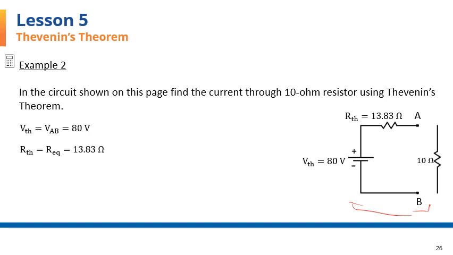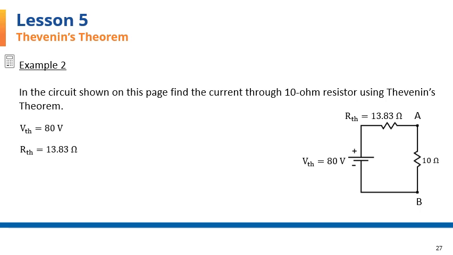To find the current through the 10 ohm resistor, we'll put that resistor back into this circuit between points A and B, and we'll calculate the current going through this circuit, and that simply is, by Ohm's law, 80 divided by the sum of those two resistances, and that current comes to 3.357 amps, which is the current that we were looking for through the 10 ohm resistor.